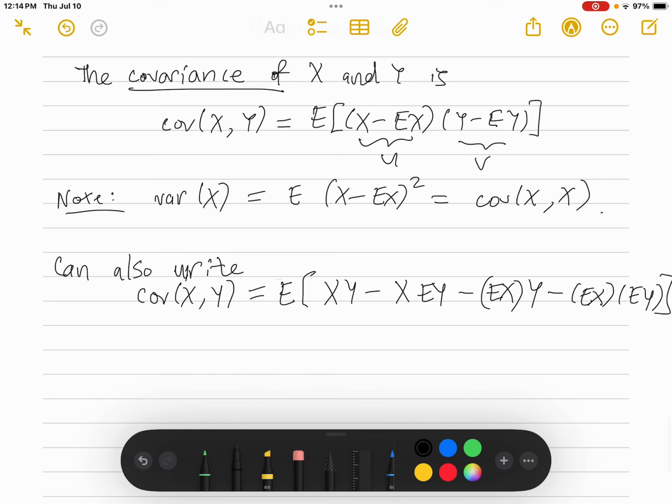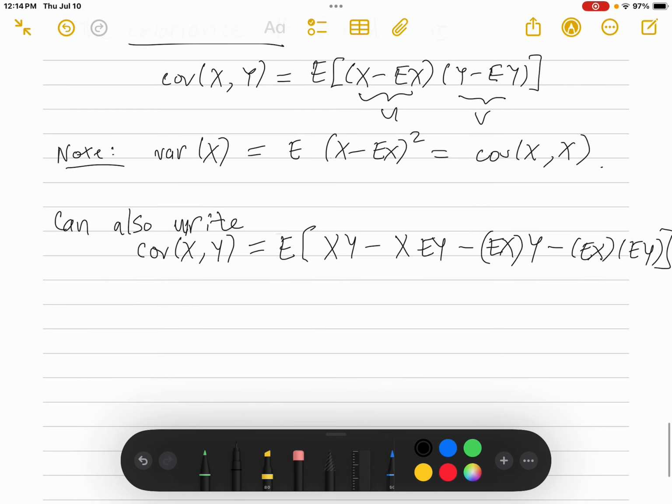Let's read this to make sure we understand what's going on. The expectation of y is a number, right? The expectation of x is a number. So you have xy minus a number times x minus a number times y minus a number.